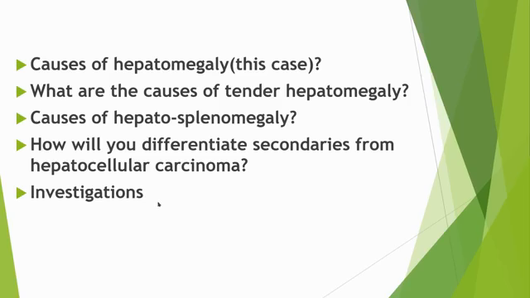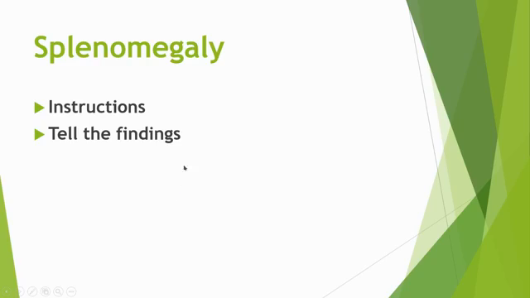These are the related questions and examinations. Investigations are already discussed, to confirm the enlargement of the liver and also the cause of hepatomegaly. But there may be other investigations related to the diseases you mentioned.